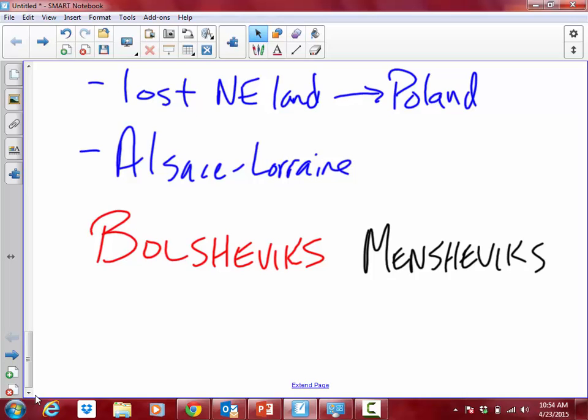Rhodesia, Rhodes. Wow, the guy was so important they named a huge chunk of territory after him. In that picture, what's going on? Well, what else did Cecil Rhodes do in Africa for the European colonies, for the British colonies there? He helped to connect them.